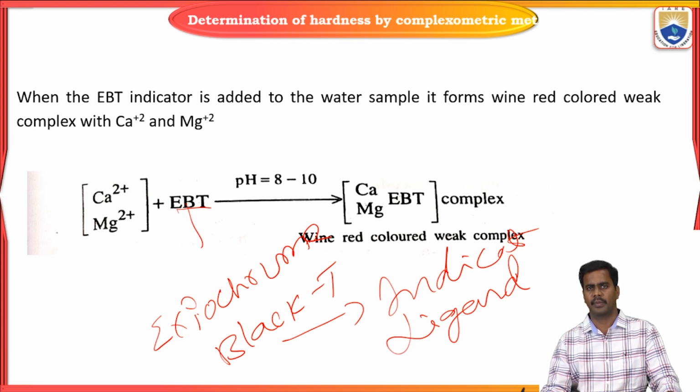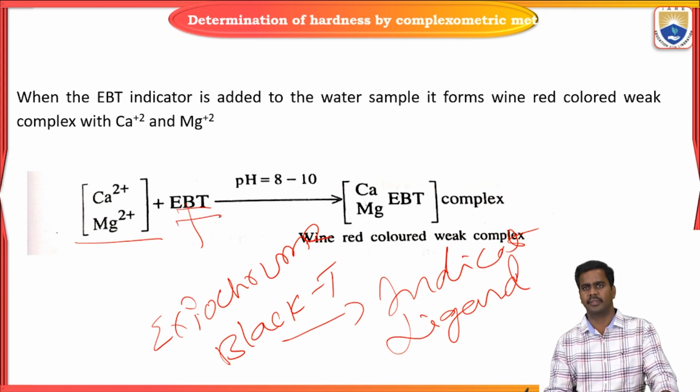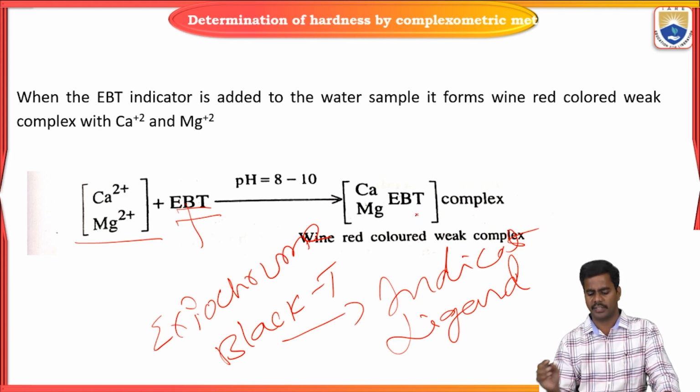Here, when metals, that is the cations present in hard water, calcium and magnesium, react with EBT in the presence of pH 8 to 10, calcium EBT complex is formed.